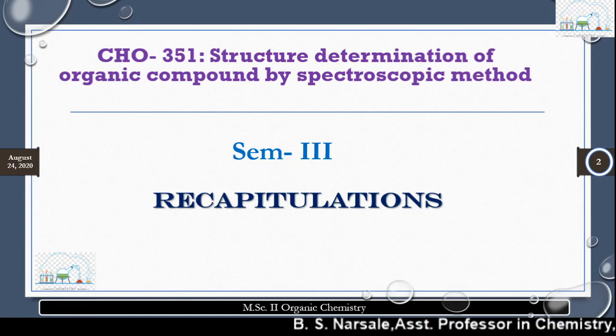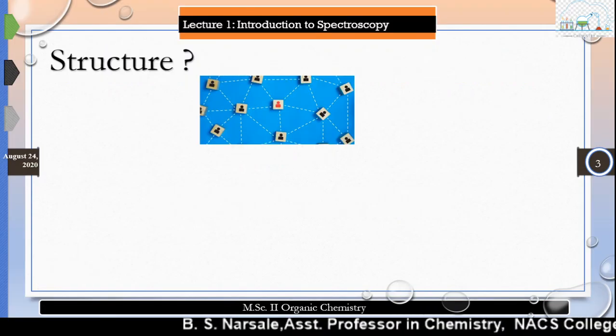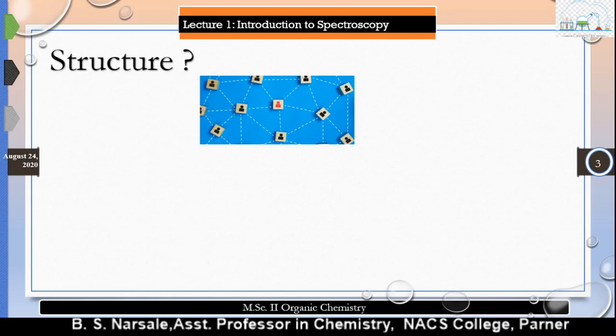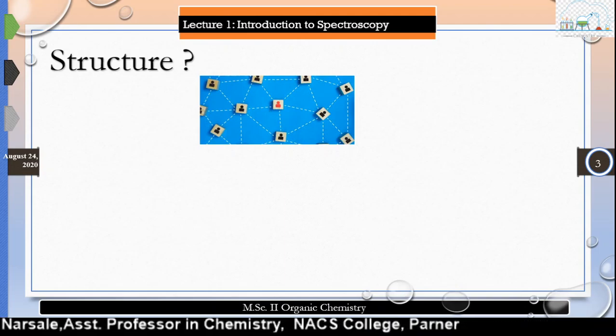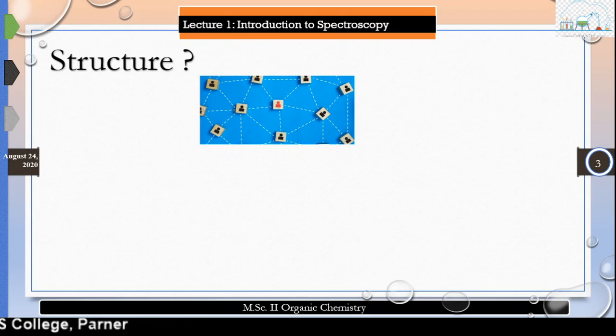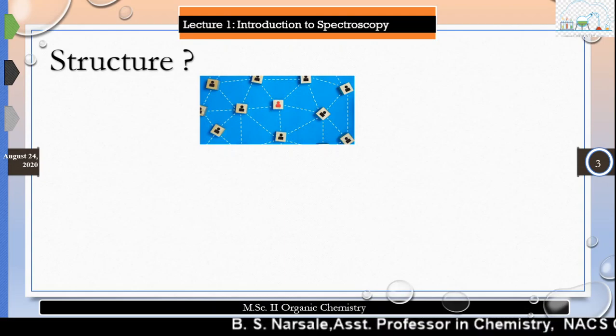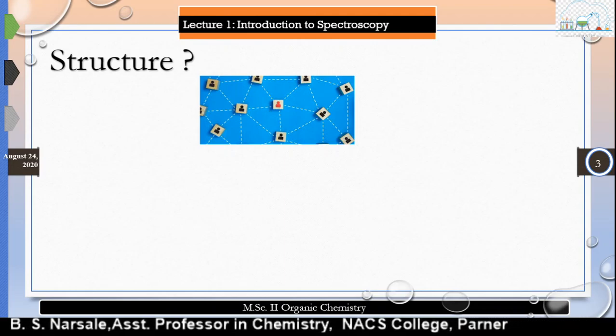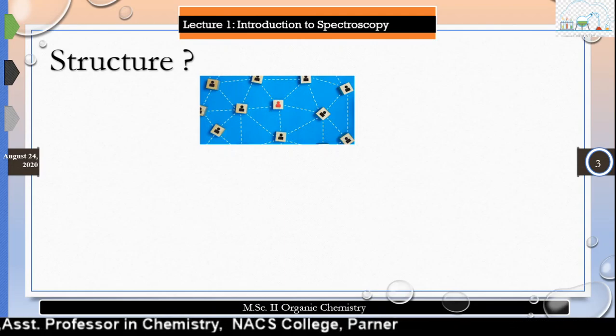Now, everyone is somewhat known about chemistry. And as you look at chemistry, most of the time you will think about a small particle, that is the atom.